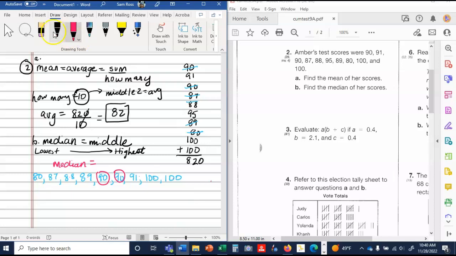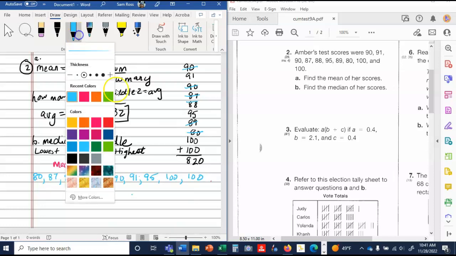Oh, I missed something. Hold on just a second, people. What did I miss? 95. I missed 95. See? You can always go back and check. So that's 95, that's 100, that's 100. Praise the Lord.